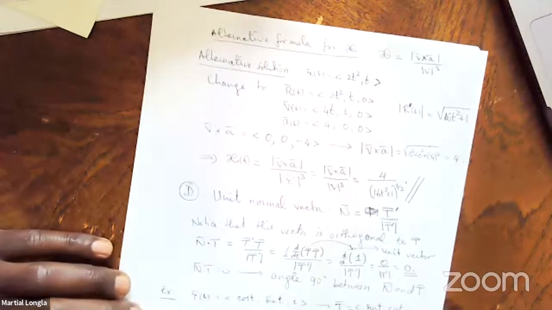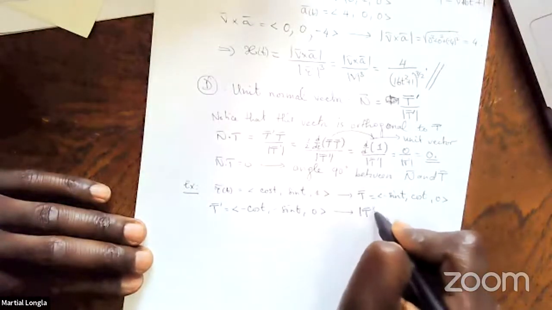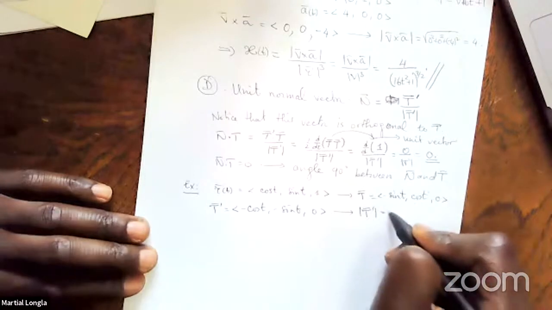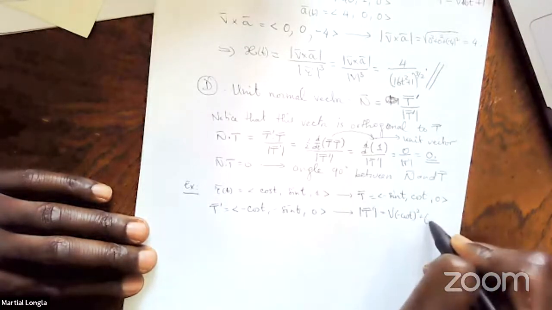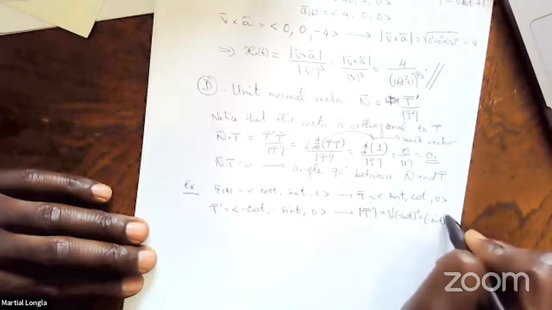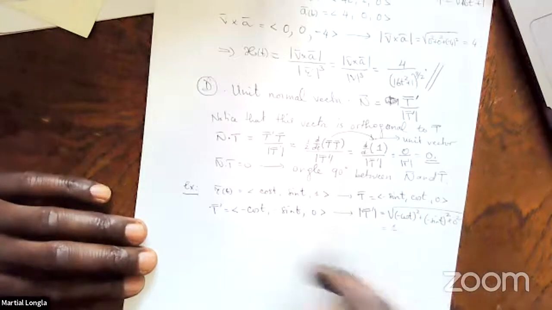Can you move the paper up a little bit? Thank you. And here we can get magnitude of t prime is also equal to square root of negative cosine t squared, negative sine t squared plus 0 squared. That is 1.